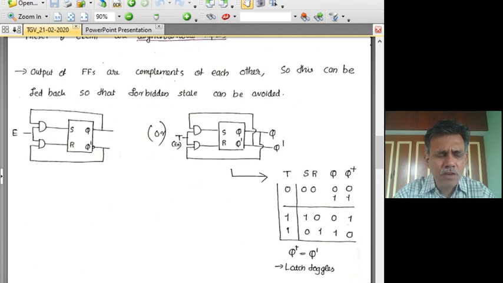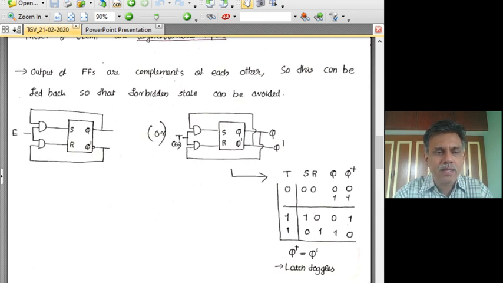Now, if you carefully look at the latch, we do have two signals which are in the normal state and in the complemented state by its own nature in the latch. Those are nothing but the outputs of the latch.